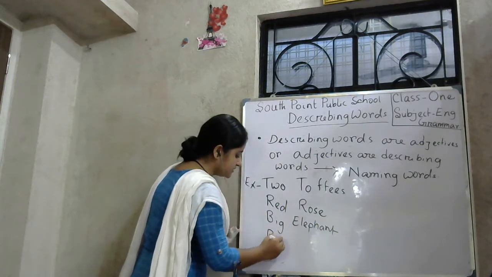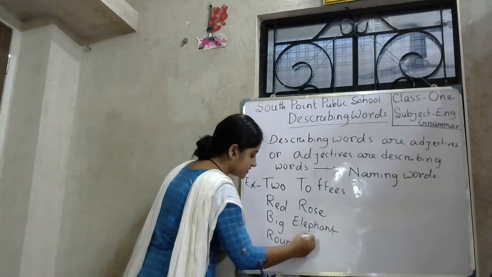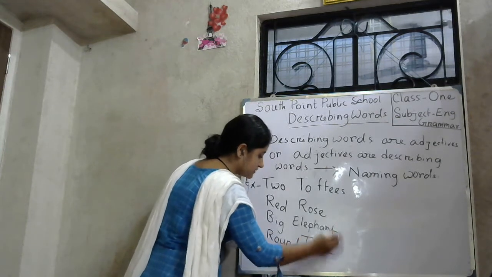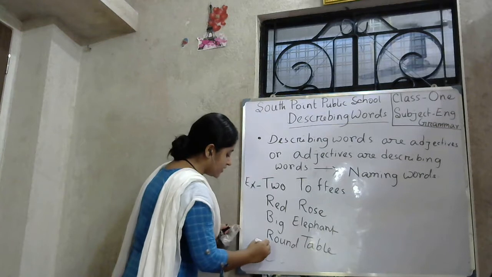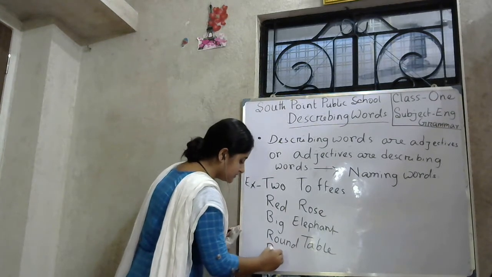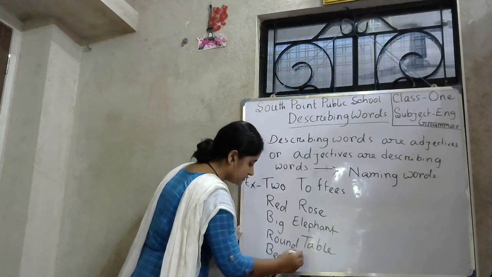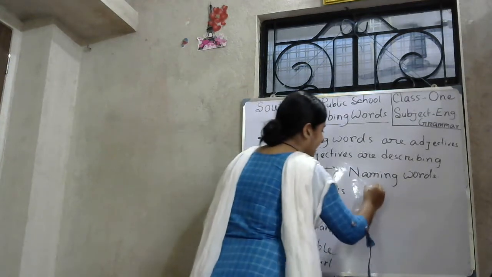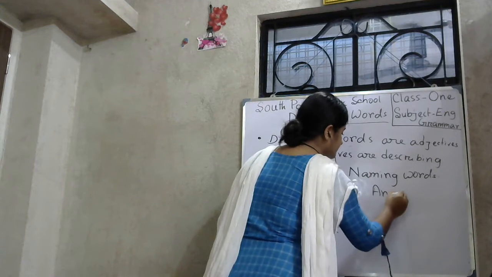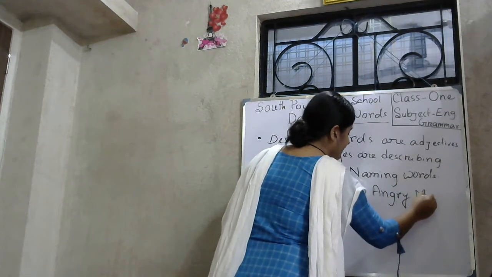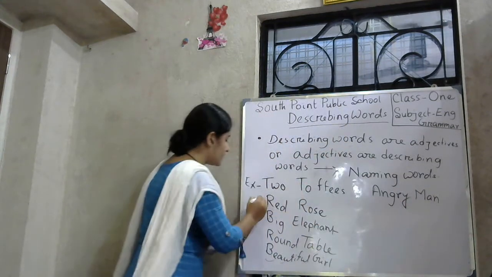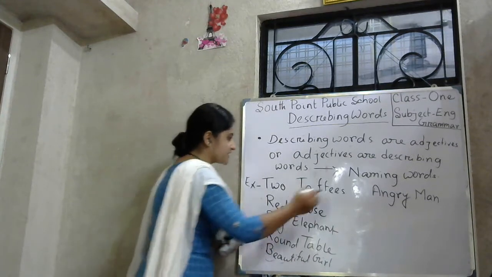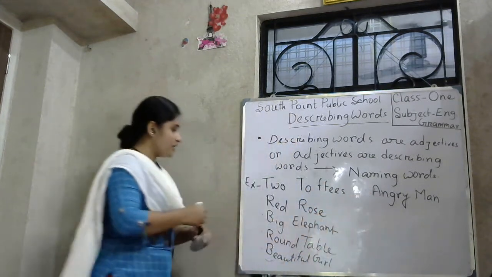Round table. Angry man or beautiful girl. Look at the examples, students.